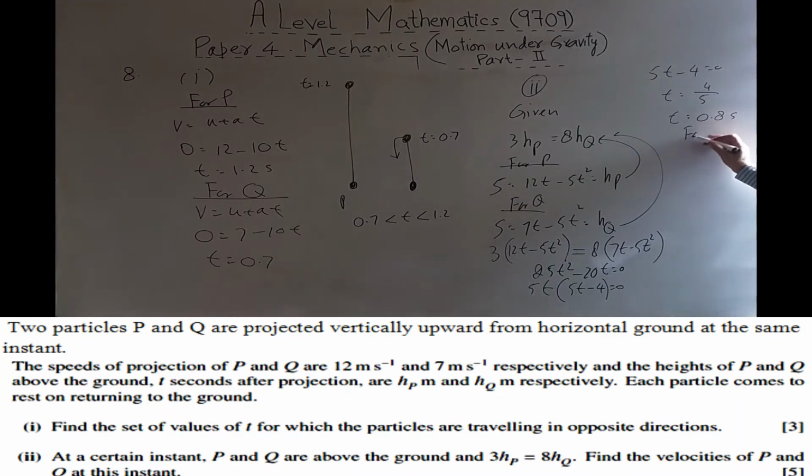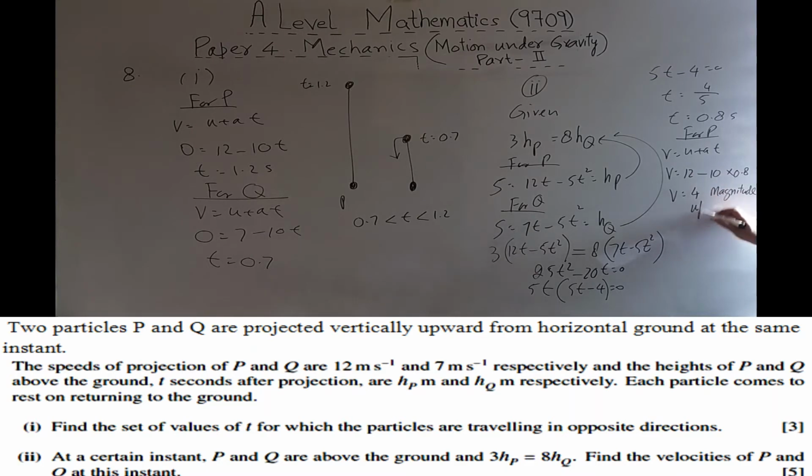Now firstly for p, v is equal to u plus at. Velocity v, we need it. Initial velocity we know is 12, acceleration is minus 10, and time is 0.8. So v is equal to 4. This is the magnitude, and here we have a plus sign, meaning it is moving upward. We have taken the upward direction of velocity as positive.